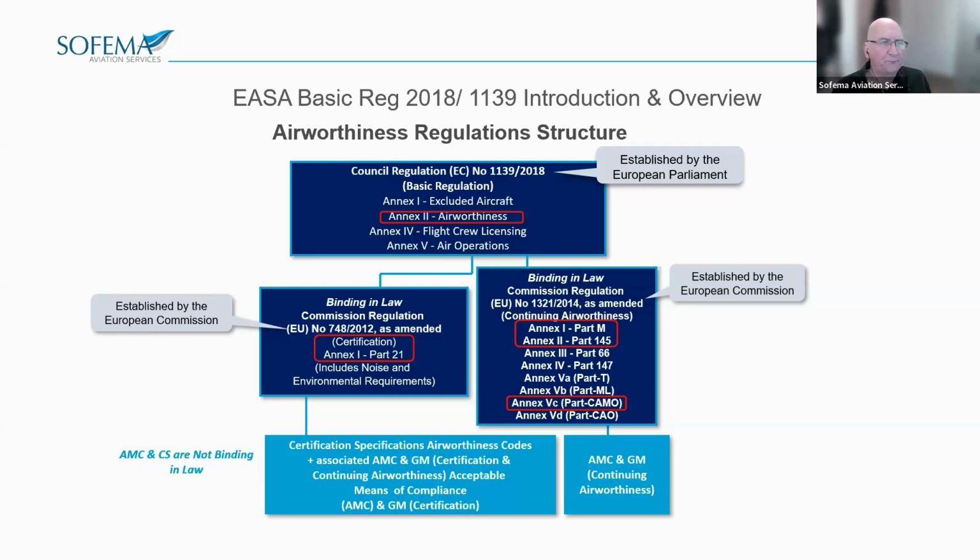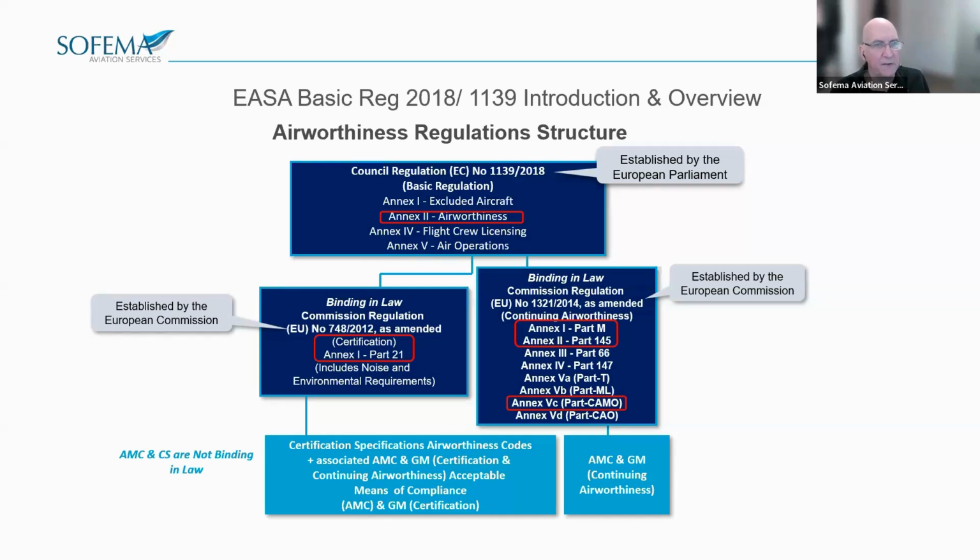So the ones we're concerned with in this series of instructions are Annex 1, which is Part M, Continuous Airworthiness Management, Part 145 in Annex 2 to this regulation, which is maintenance requirements, and Annex 5C, which relates to the approval of a CAMO organization, Continuous Airworthiness Management Organization.